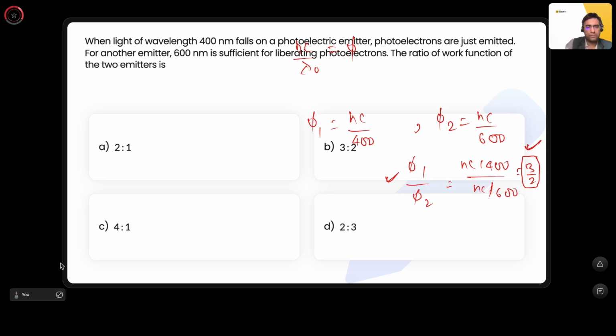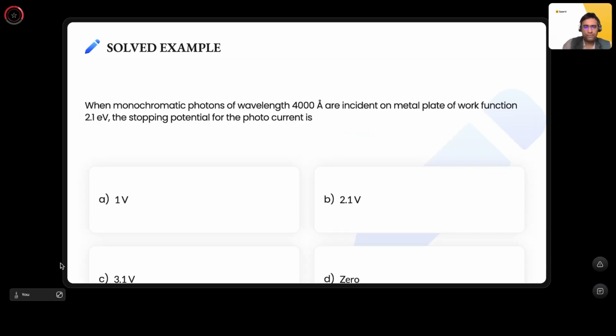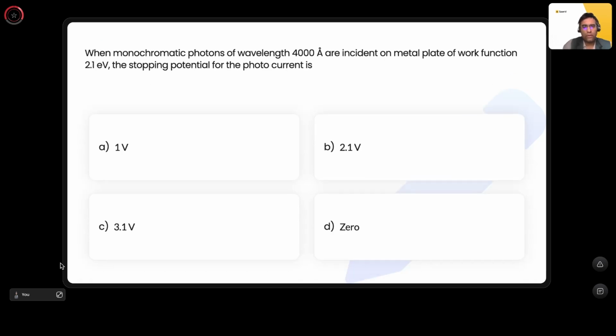Next question. When the monochromatic photons of wavelength 400 angstrom are incident on a metal plate of work function 2.1 electron volt, the stopping potential. So again, it's a purely formula based question. E into Vs will be equal to Hc by lambda minus phi.